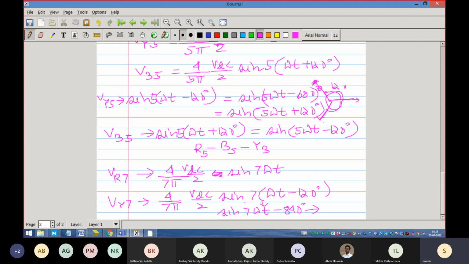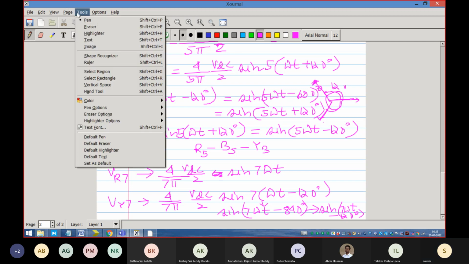So it is producing a phase shift angle of sine of 7 omega t minus 120 degree, right? So the seventh harmonic is again returning back to the original phase sequence. So that is what we notice.